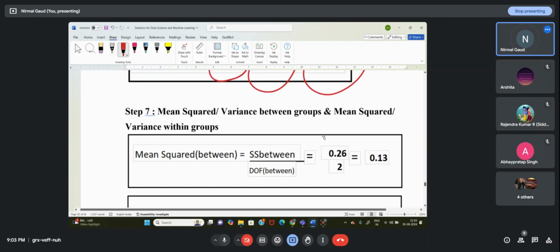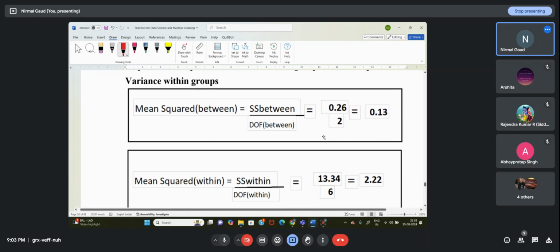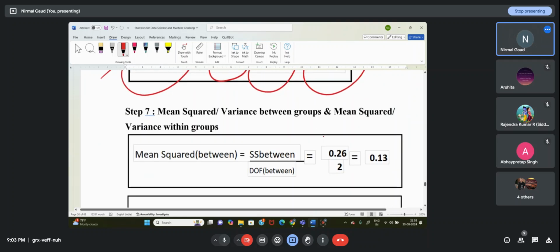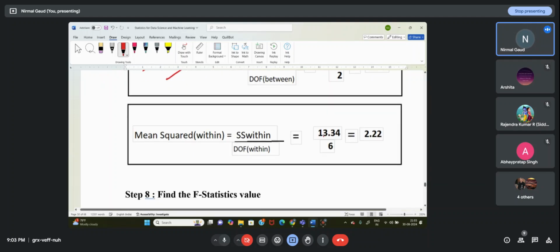Now, after getting this SS between, step number 7, you have to find the ratio of mean squared between and mean squared within.